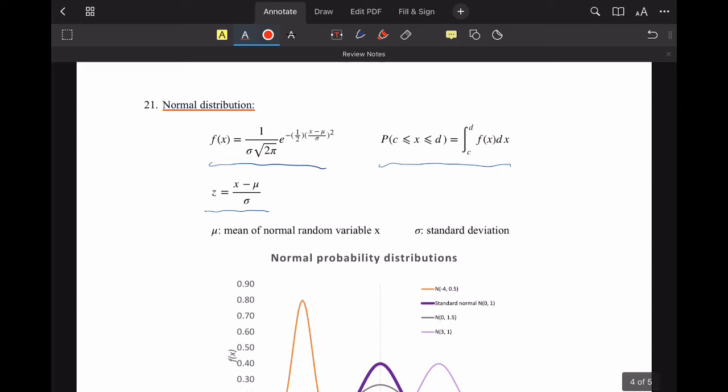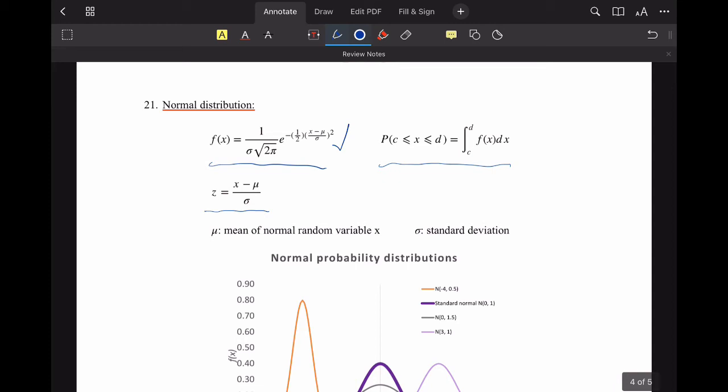So I just want to emphasize this point. It is so important, and you really need to pay a lot of attention to this kind of distribution. However, unfortunately, I cannot prove to you how we get this function.